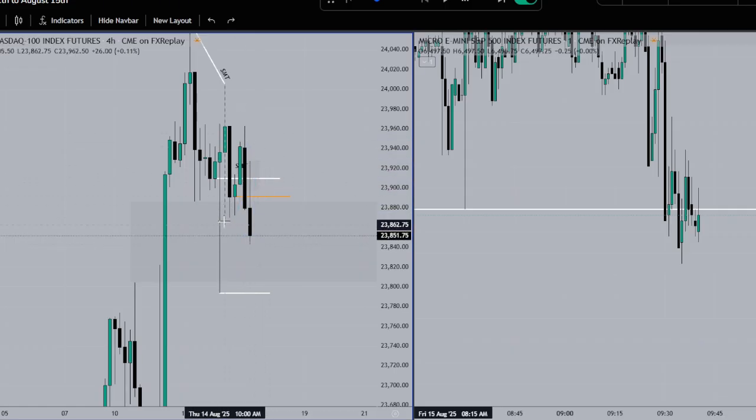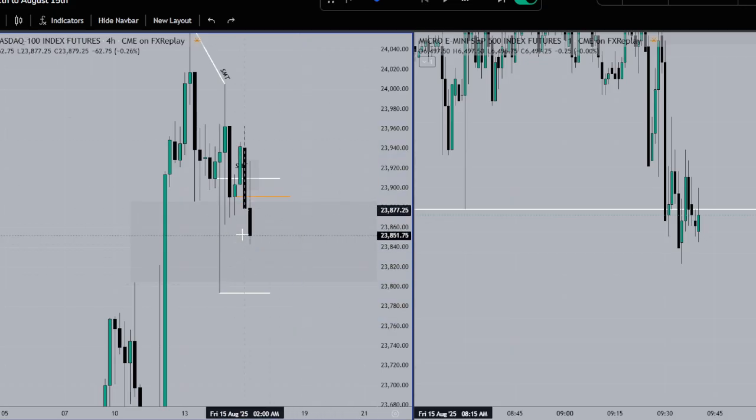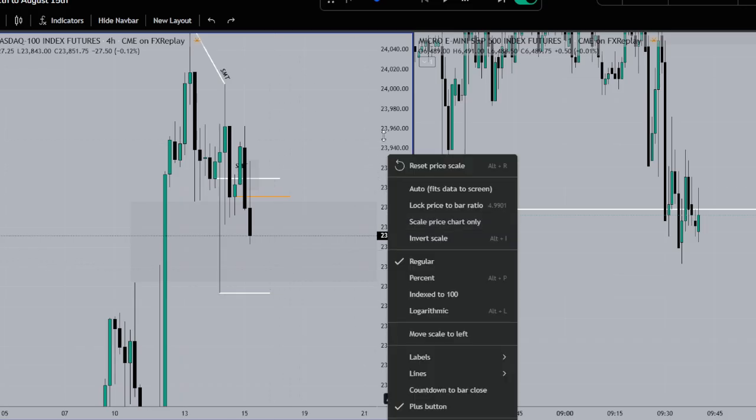On the higher time frame, the next accumulation, manipulation, distribution might happen, so we might not be able to trade the distribution of that 10 a.m. candle. When the 10 a.m. candle opens, it might target this drawn liquidity as its manipulation. So we have an accumulation, we manipulate into this drawn liquidity, and then we possibly respect this fair value gap and then distribute higher. That's the thought process.